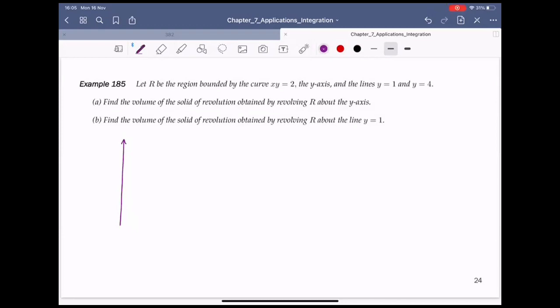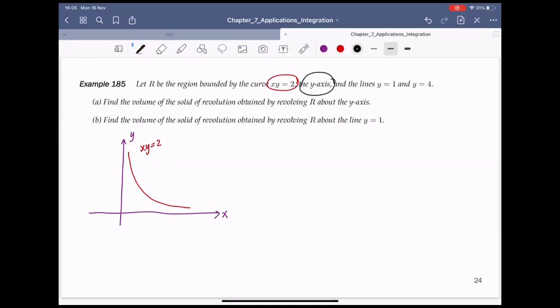So we are going to draw the graph, the axes first, x, y. Draw the curve xy equal to 2. What is xy equal to 2? Hyperbola, right? Actually, you have a hyperbola here too, but at the end we are just going to look at the positive side.